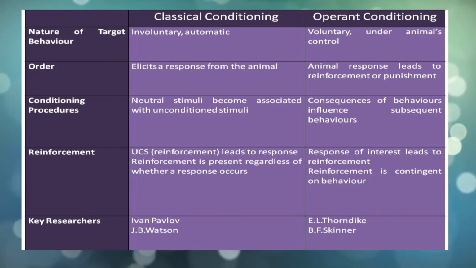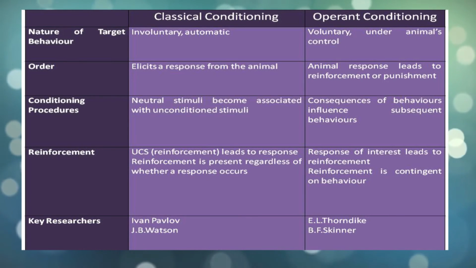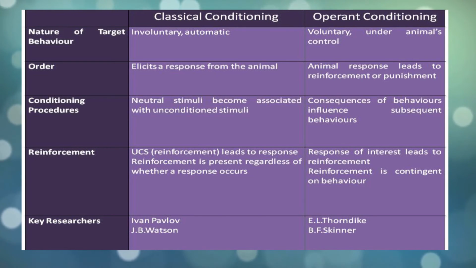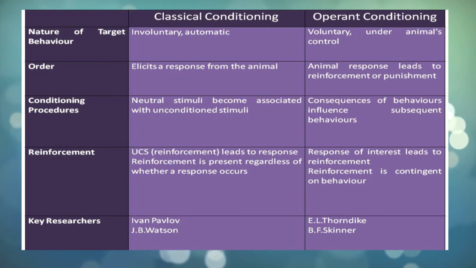The organism must respond in a particular way so as to produce the reinforcing stimulus. This process also exemplifies contingent reinforcement because getting the reinforcer is contingent or dependent upon the organism emitting a certain response.